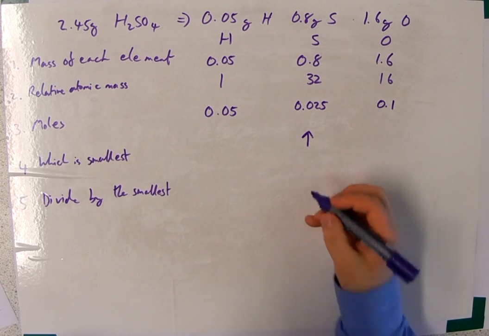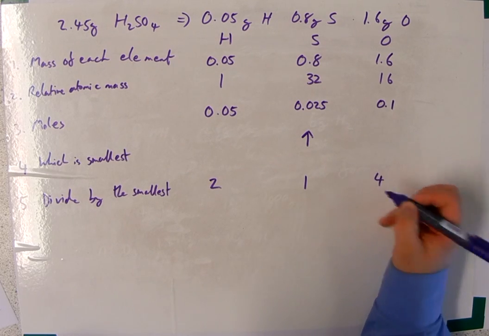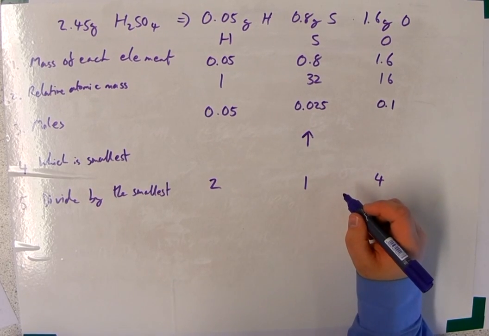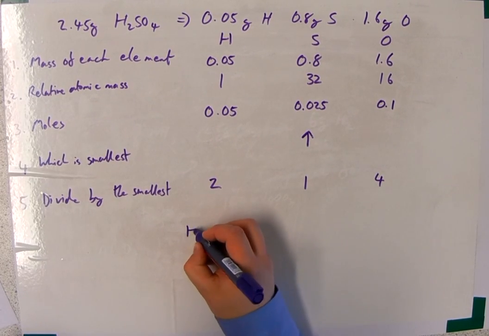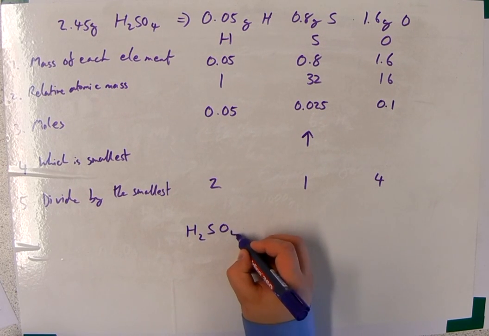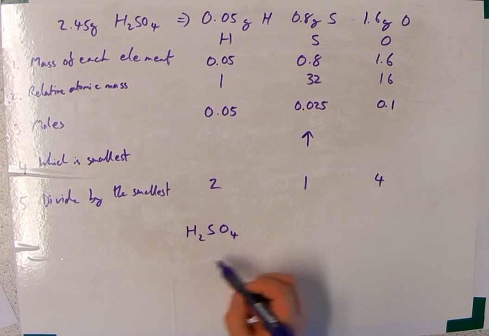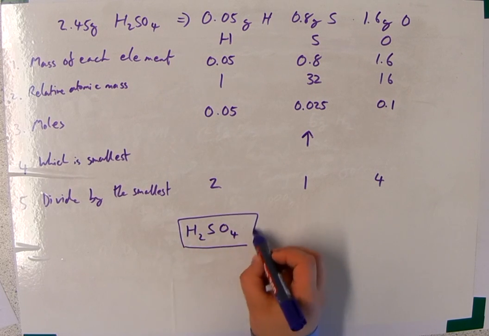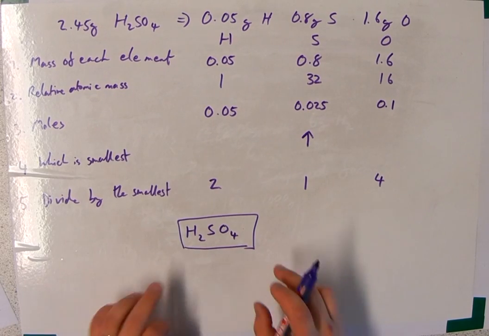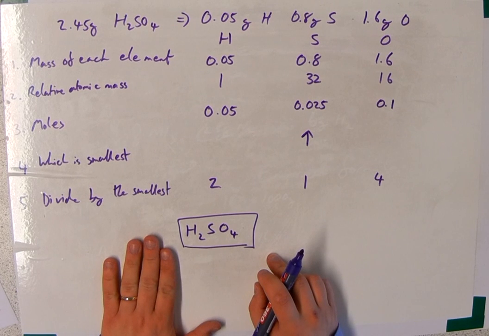So that gives us 1, 2 and 4, which means that our empirical formula is H2SO4. Could be a 1 in there, but we tend to drop the ones because chemists are lazy. That is our empirical formula. Nice and straightforward. In the case of sulfuric acid, it is the molecular formula, but it could just as well not be. It could have needed to be a multiple.